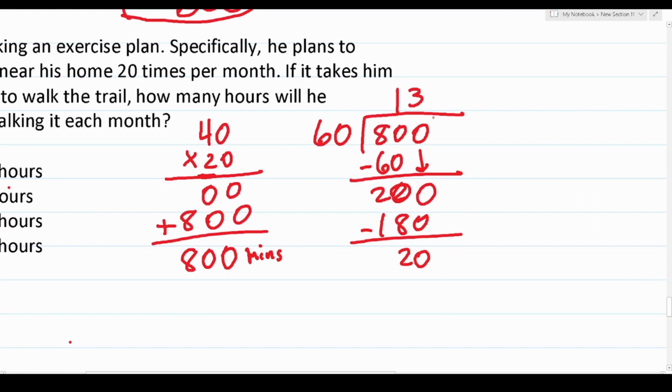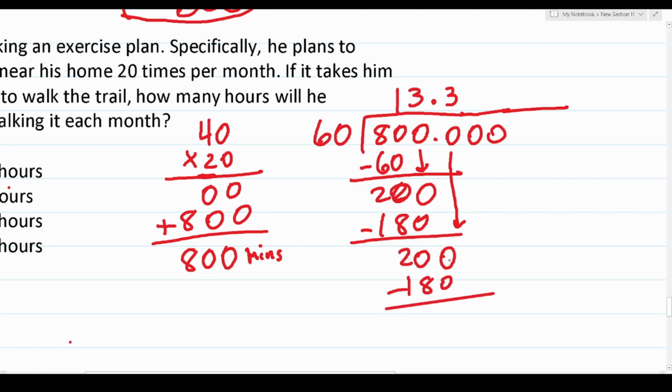And again, we can place a decimal here as well as many zero placeholders as we want. Once we place that decimal, we can bring it up here, and then we can drop down a 0. Question is, how many times does 60 go into 200? Again, we know that's 3. 60 times 3 is 180. 200 minus 180 is going to be 20.